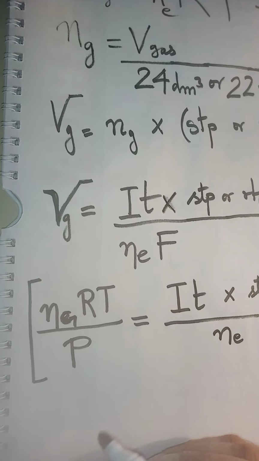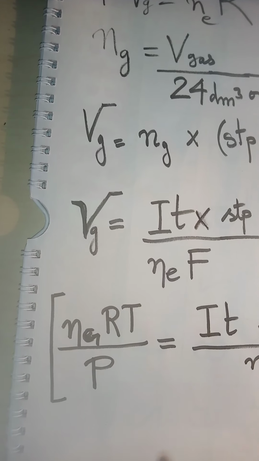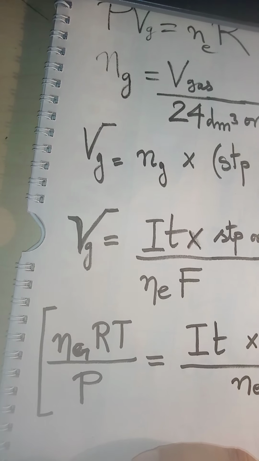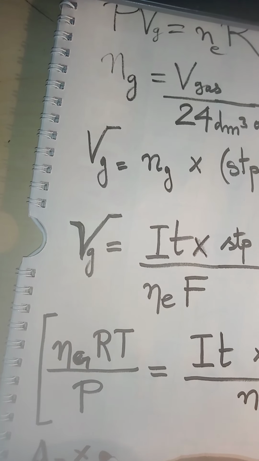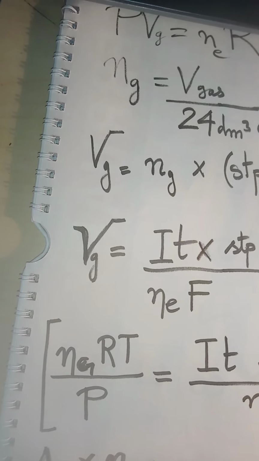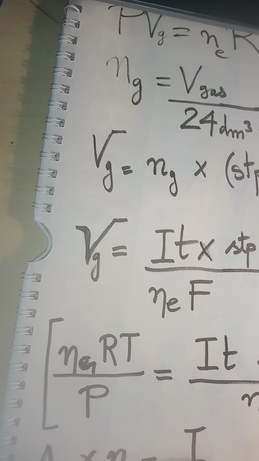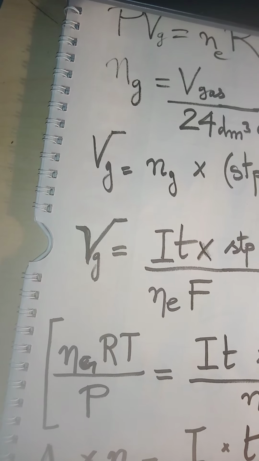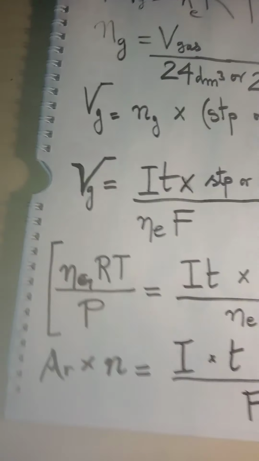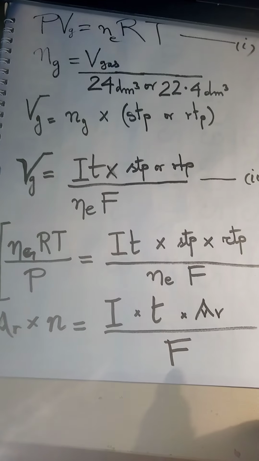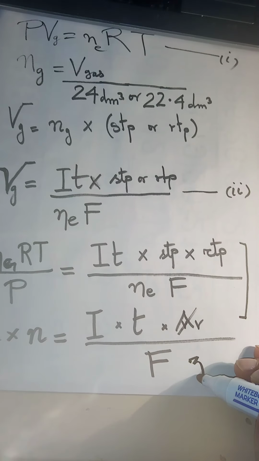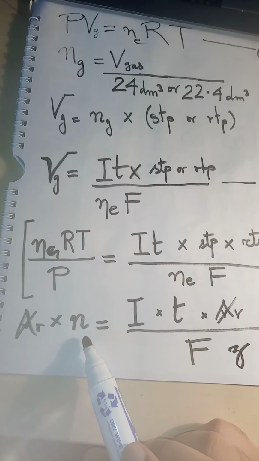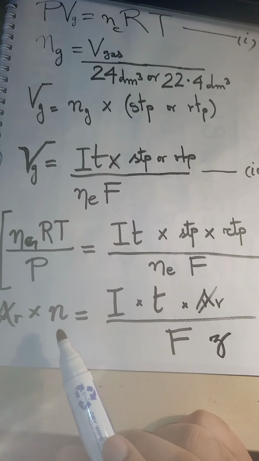For the previous equation where you were supposed to find out the mass deposited, if the mass isn't available, then you'll have to do A_r times number of moles equals I times T times A_r over F, and that way A_r would get cancelled out, making your life easier, times Z. And so if you've got the number of moles for a particular metal, you'll just have to use this.